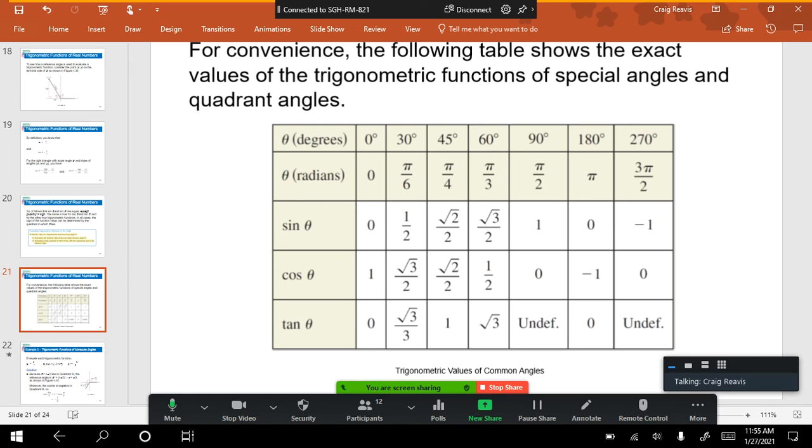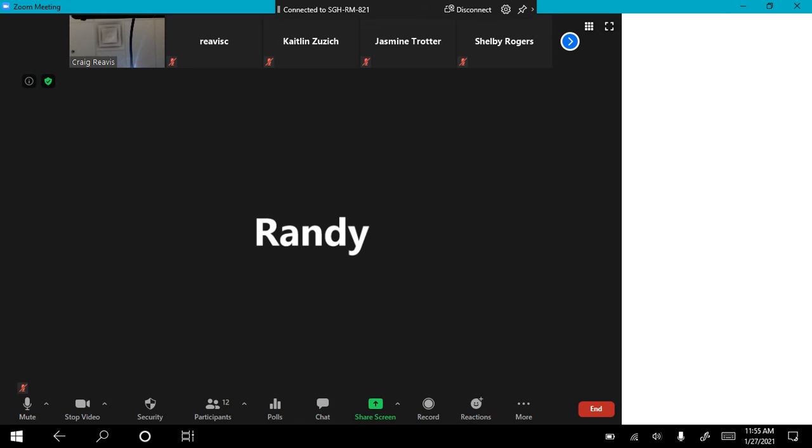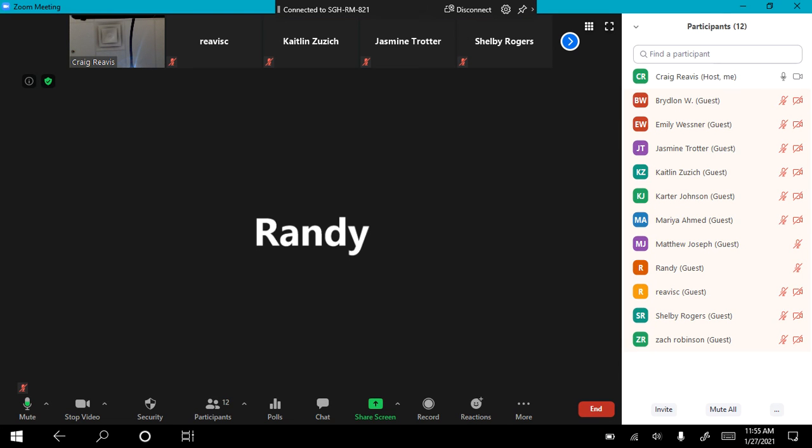And what I'm going to do now is pull up the assignment so we can take a look at it and see what it's going to be asking. So let me share again. Where is that? That's what I want to share.